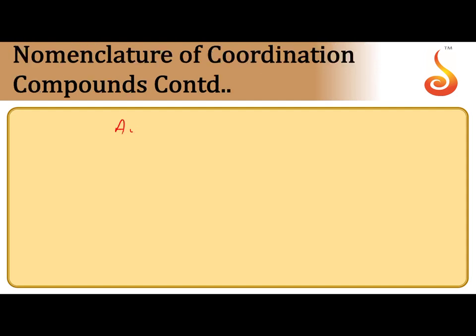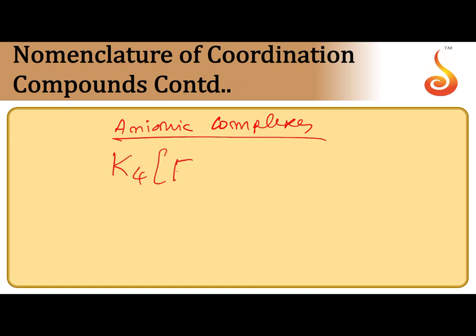Next one, anionic complexes. For these complexes, the negative charge is present on the coordination entity. Example, K4[Fe(CN)6]. Since 4 K+ ions are present outside as counter cations, the complex is an anion.